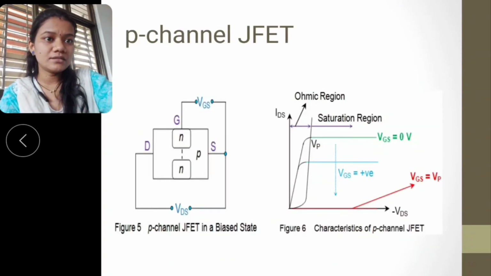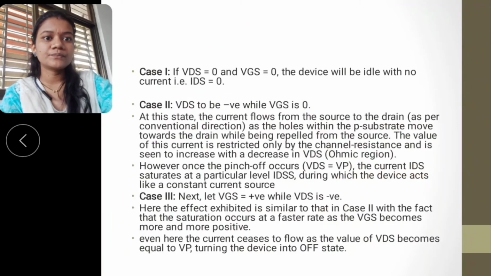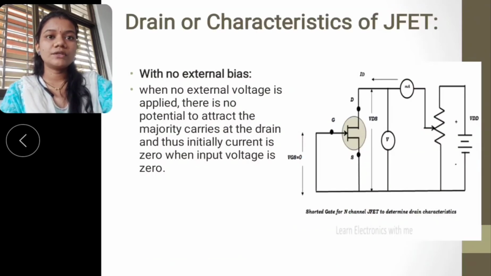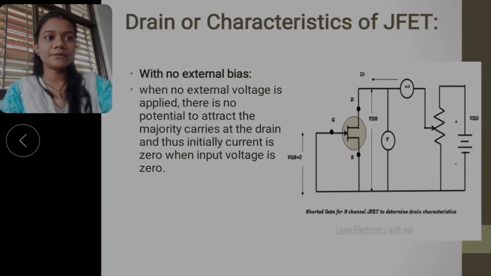Saturation will happen, and when the value of VDS becomes equal to VP, that is your pinch off voltage. So the VDS voltage is the same as the pinch off voltage, and it will turn the device to the off state. So this is the working of P channel JFET.